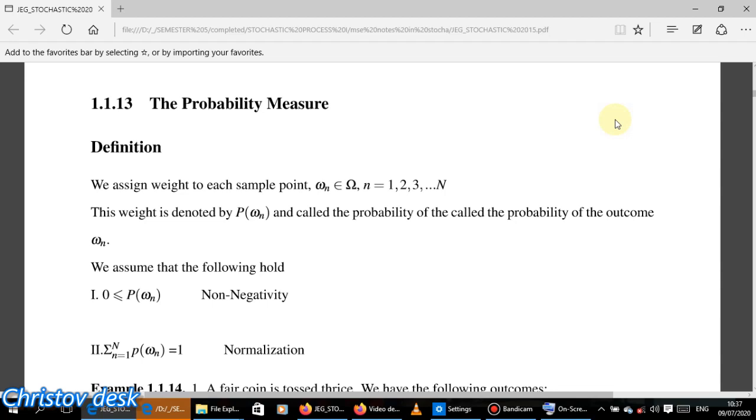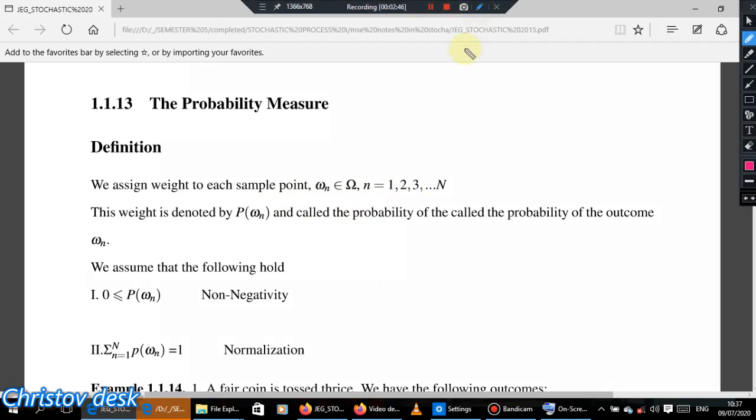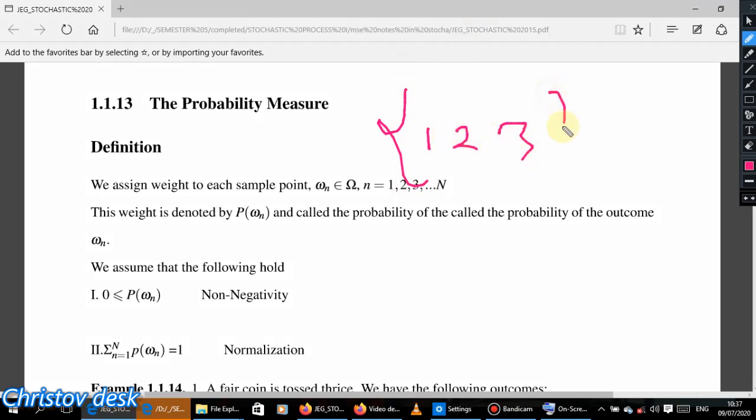Now we assign weight to each sample point. So say there is this sample space 1, 2, 3, and then we have the sigma algebra associated with that.